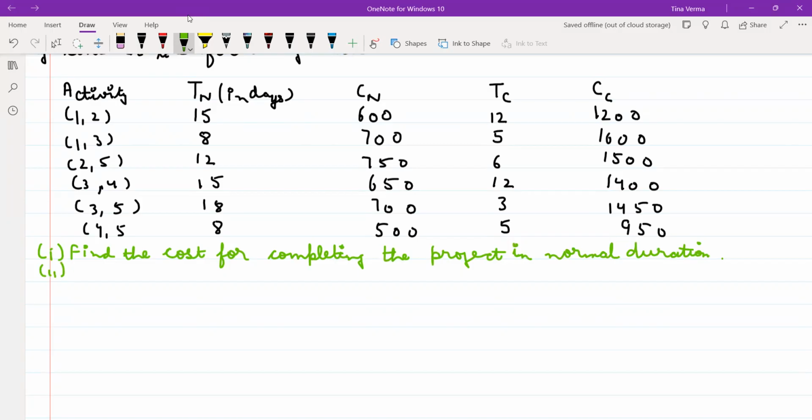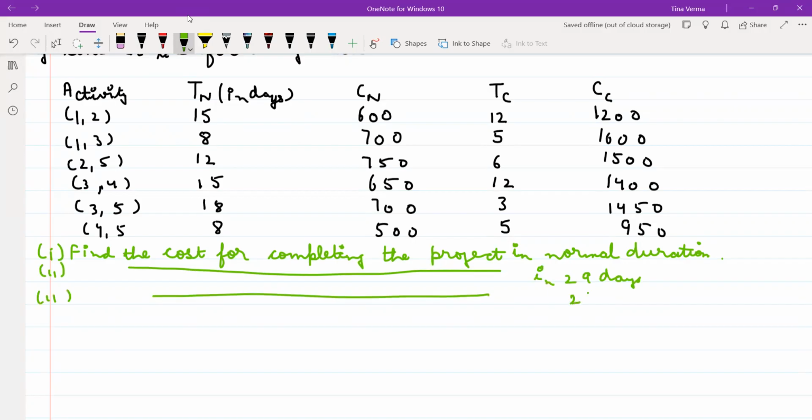Second, find the cost of completing the project in 29 days. The third part, find the cost for completing the project in 28 days. The fourth one, find the cost for completing the project in 23 days.